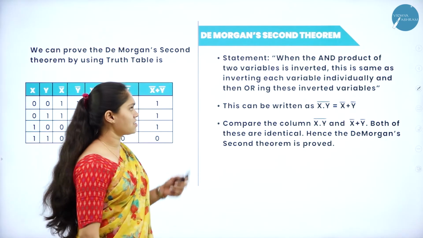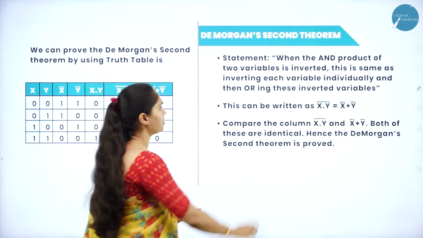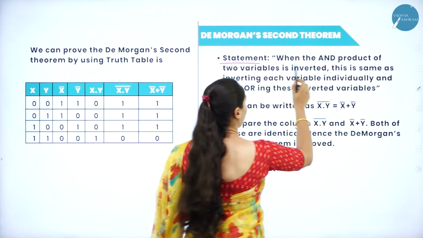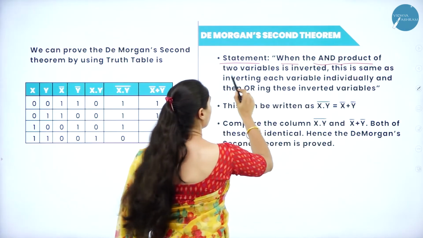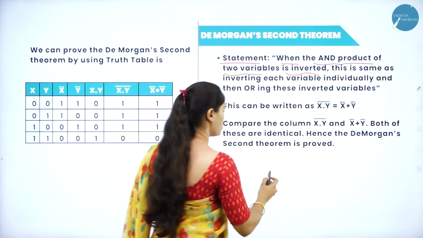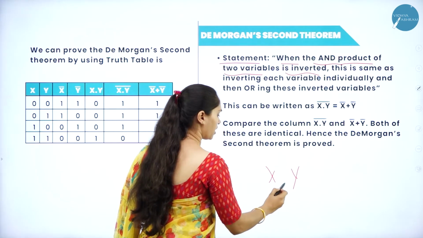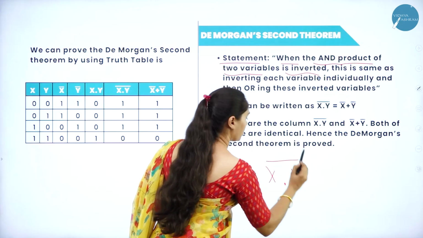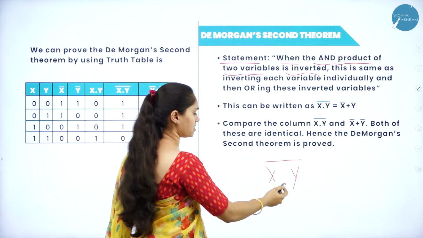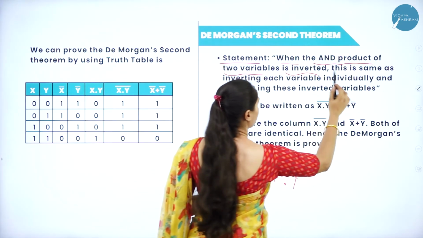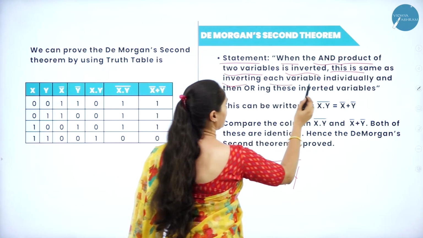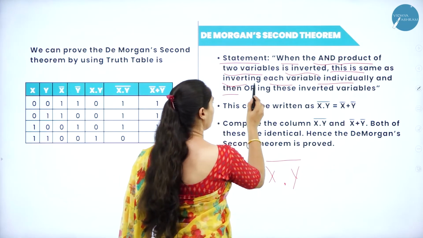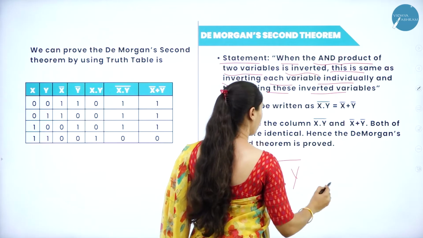We'll see about De Morgan's second theorem. Here it states: when the AND product of two variables is inverted, so I have inverted this variable product, this is the same as inverting each variable individually and ORing these inverted variables.